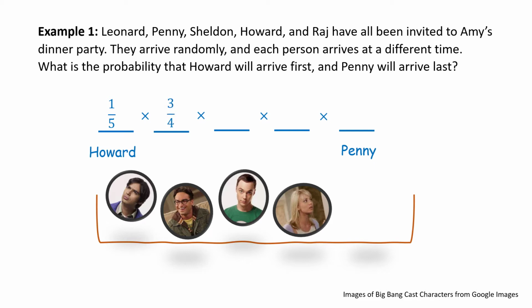If one of Raj, Howard, or Sheldon arrives, then there's 2 characters remaining of the 3 who are not Penny, so the probability is 2/3. And now there are 2 characters remaining for which 1 is not Penny, which means there is a 1/2 probability that the one that is not Penny will arrive.